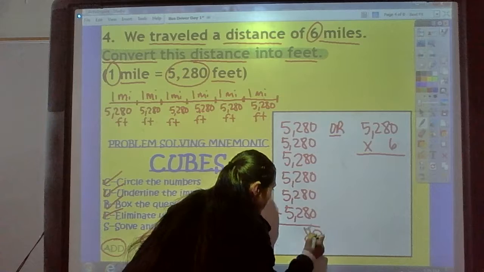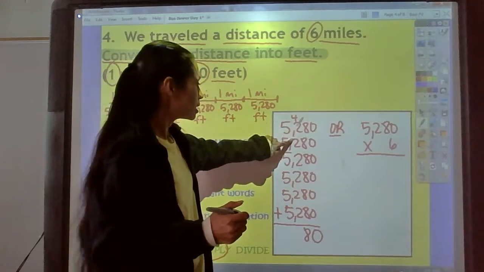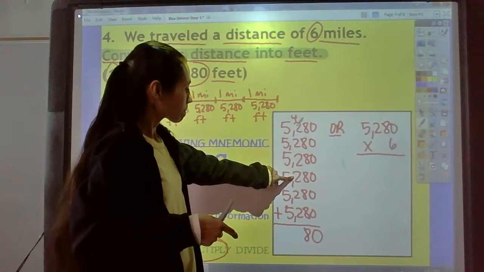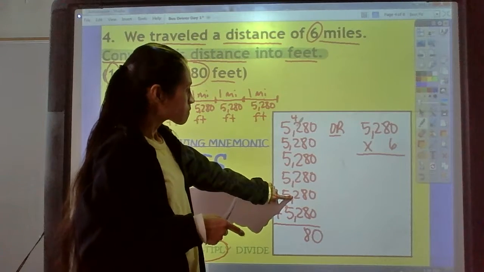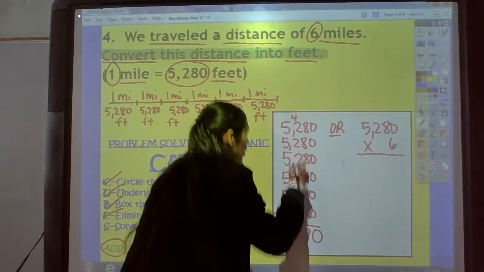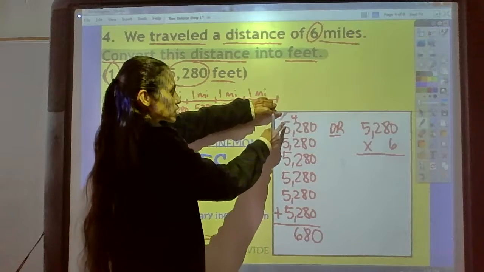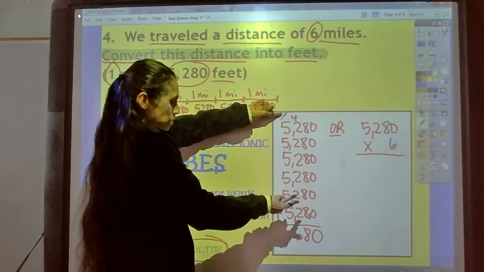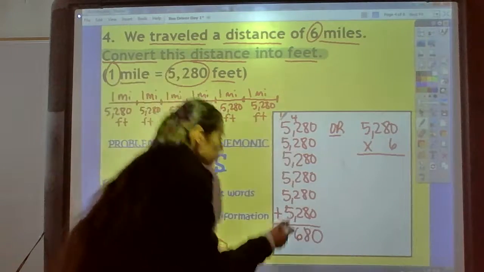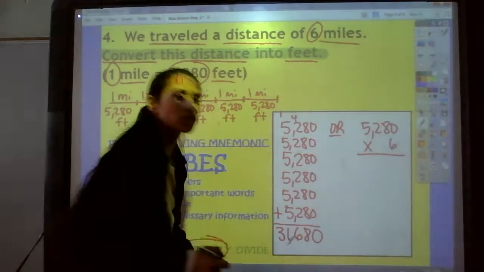So write the 8, carry the 4. 4 plus 2 is 6, 2 more is 8, 10, 12, 14, 16. Write the 6, carry the 1. 5 and 5, that's 5, 10, 15, 20, 25, 30, 31. 31,680.